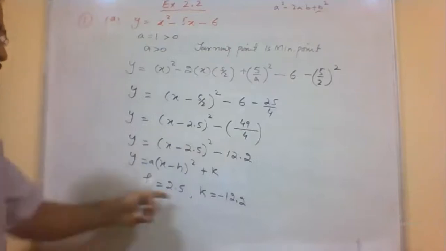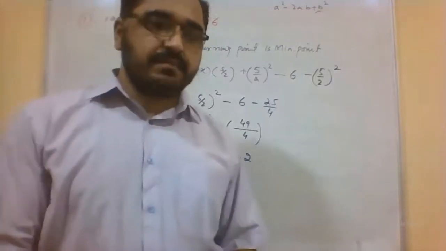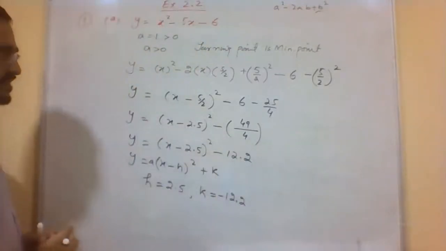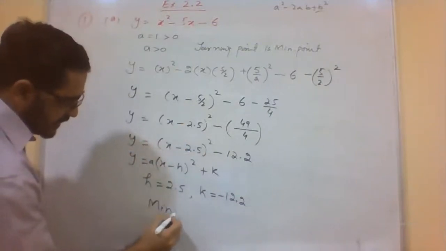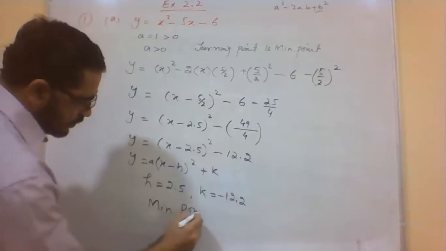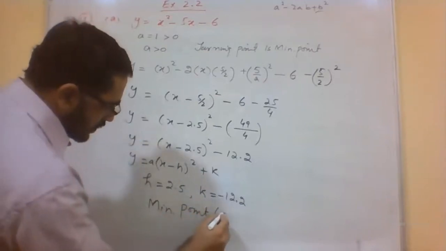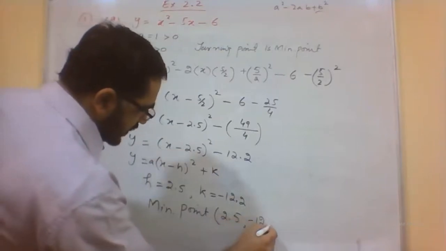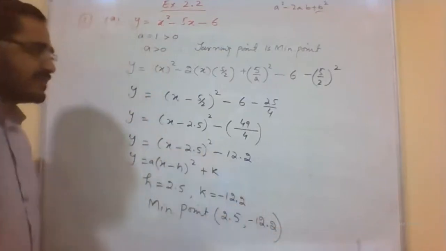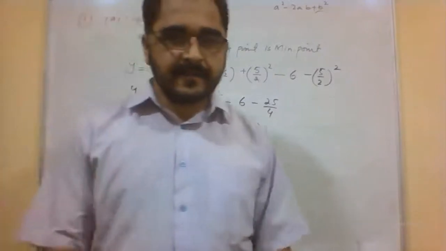These are the values of h and k, meaning the turning point. As the turning point will be the minimum point, the minimum point here is 2.5 and minus 12.25.